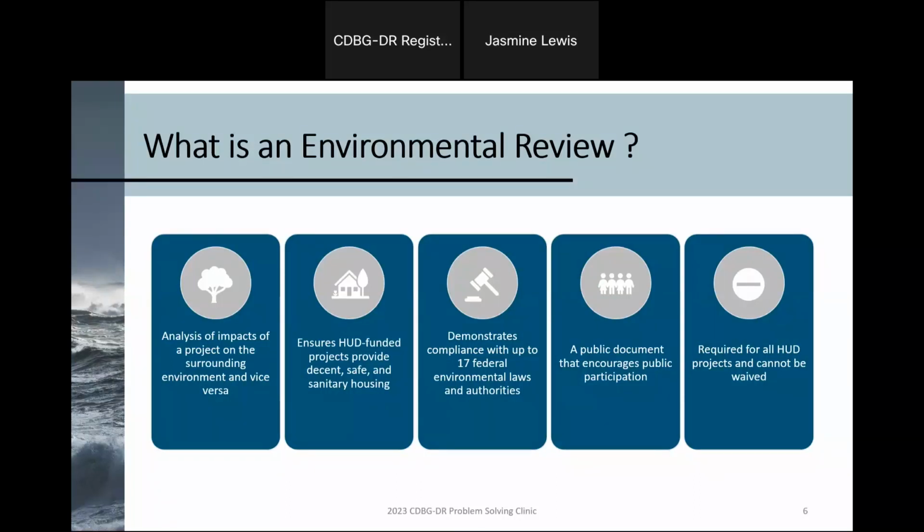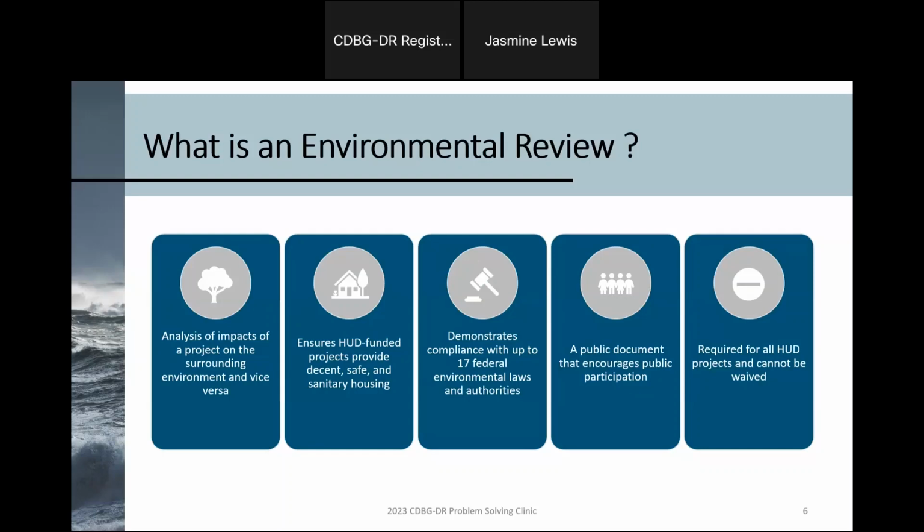So if projects have potential for causing harm to the environment, or the environment has potential to cause harm to the project and its occupants, then that's an adverse impact to sanitary and safe housing. How your project is going to impact the environment and how the environment impacts your project and its occupants are questions that you're going to need to answer and address through the environmental review process.